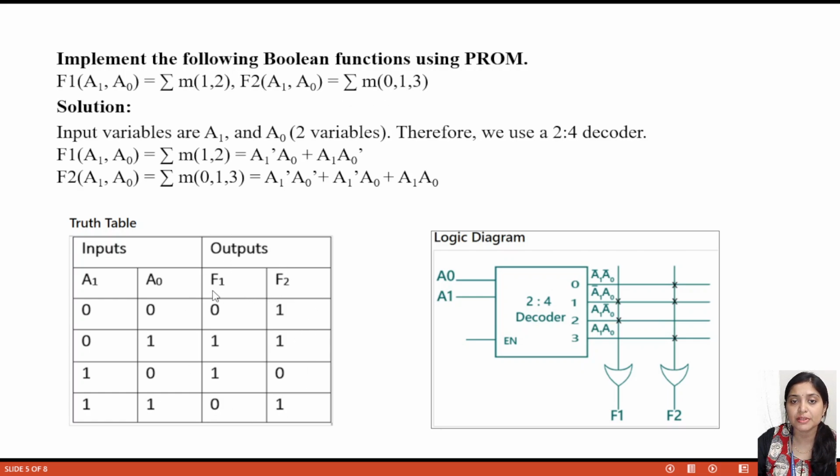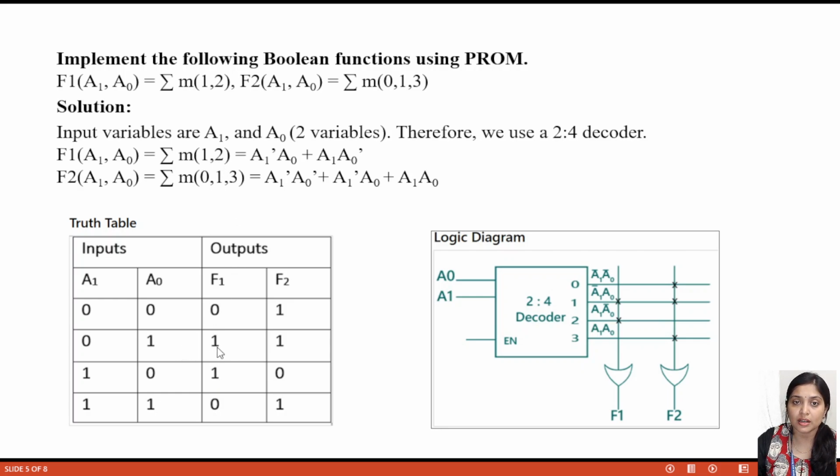Here is the truth table. Wherever 1 is there, it is mentioned. Here 0 0 means 0, 0 1 means 1, 1 0 means 2, 1 1 means 3. So for F1, 1 is there at position 1 and position 2.